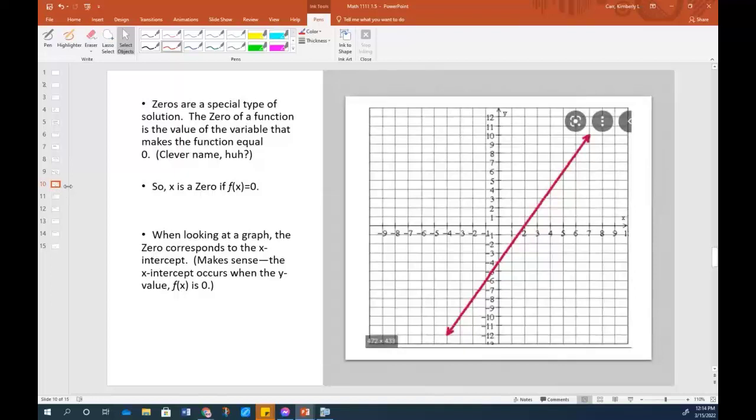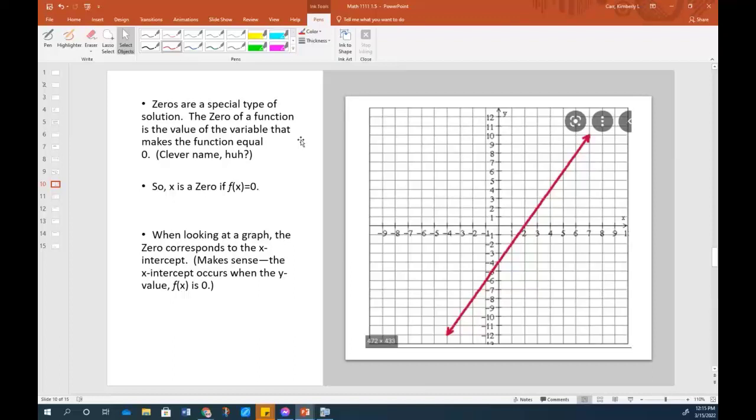All right, so moving into another topic, zeros. Zeros are a special type of solution. The zero of the function is the value of the variable that makes the entire function equal 0. So you know, math people, we're always very creative there. Since it equals 0, we call it a zero. Now, I know that that can be a little confusing when you're listening. So equals 0 is one thing.